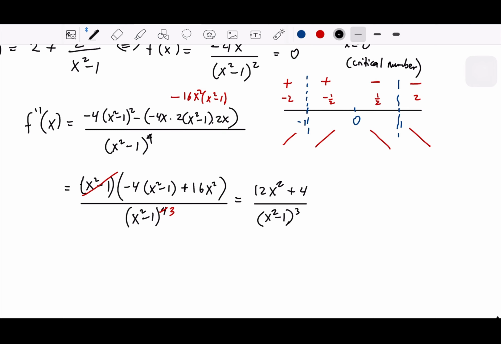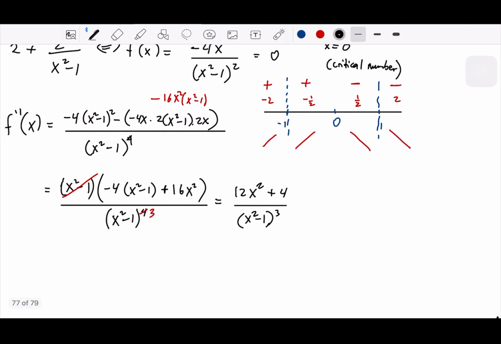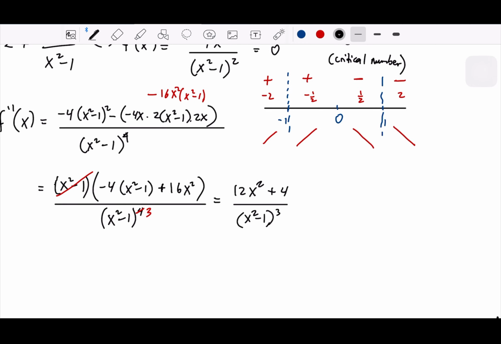We need to make sure that the concavity changes. So we need to make sure in the line number. Always check with the line number, checking the signs. So if we take this 12x squared plus 4 equals 0, it is impossible, right?